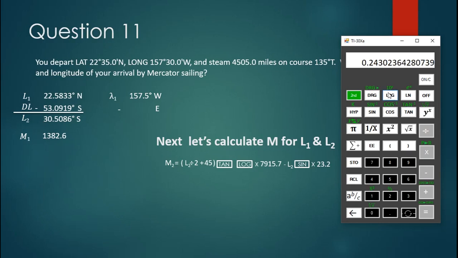Tangent, log, times 7915.7, minus L2 again, 30.5086, sine, times 23.2, equals 1911.9. That's going to be our M2.